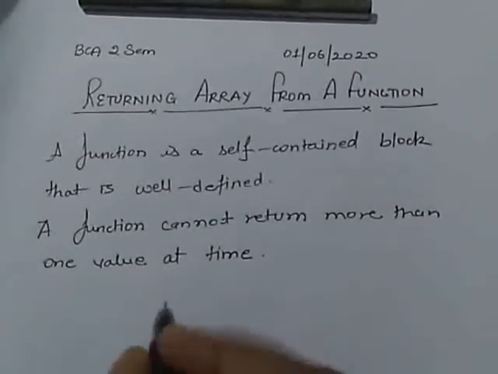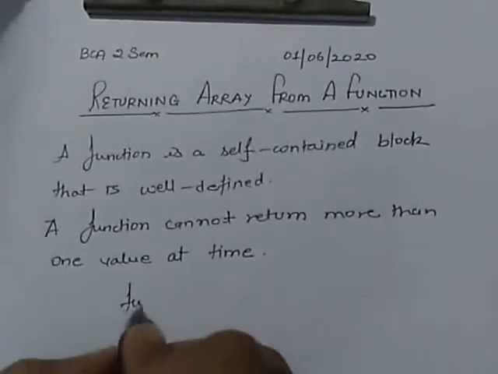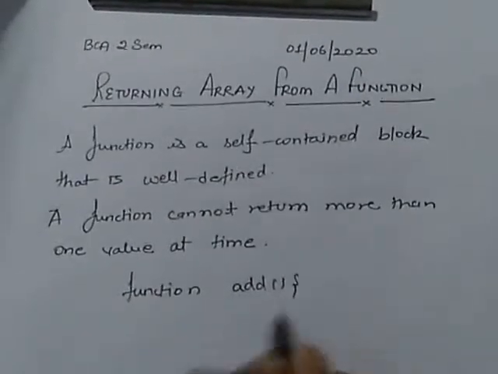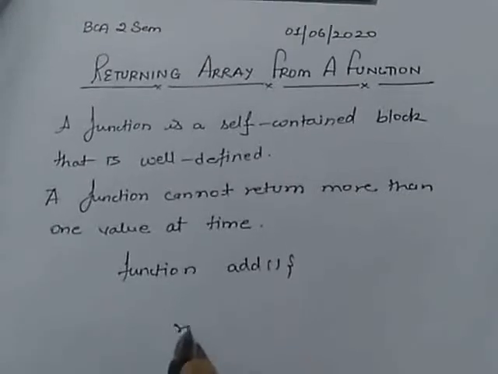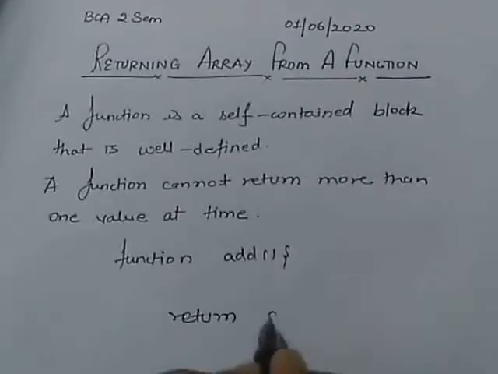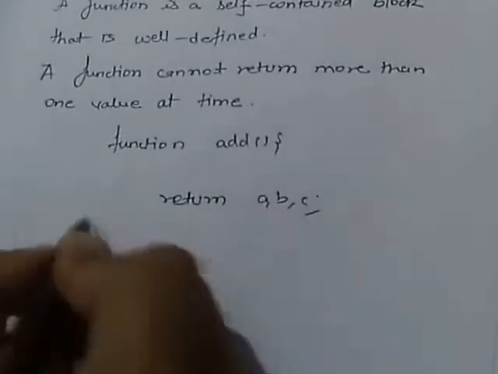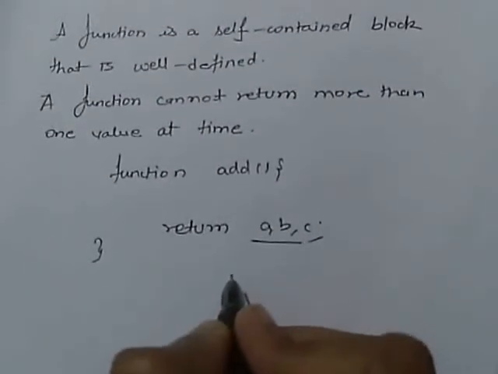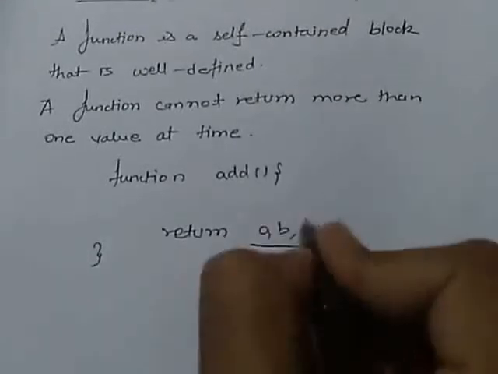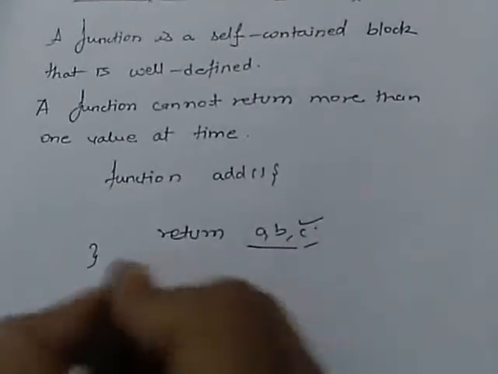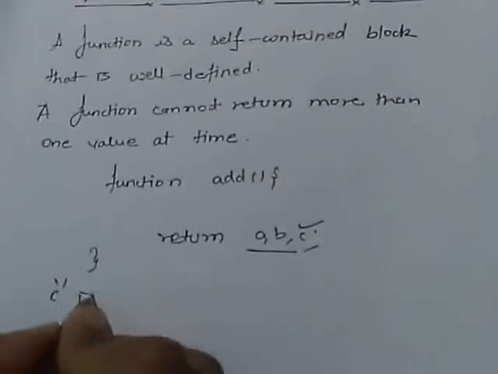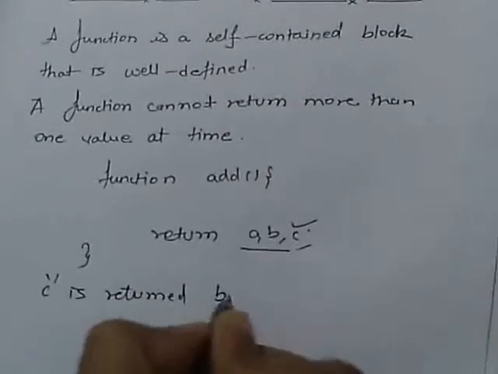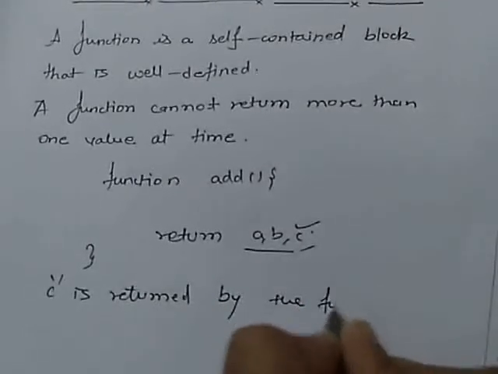It means suppose we have a function add, and with the help of the return statement we have three values a, b, c. Only the last mentioned value, that is c, is returned by the function.